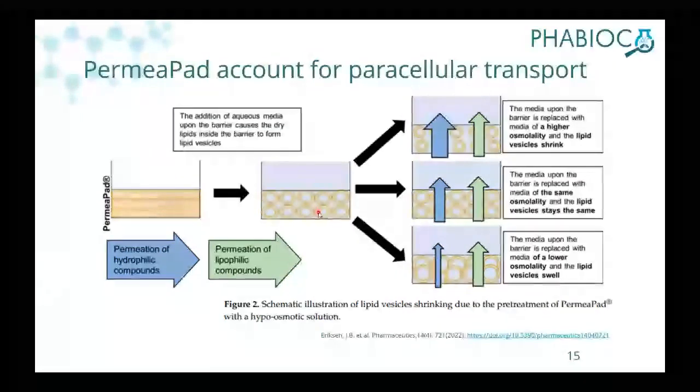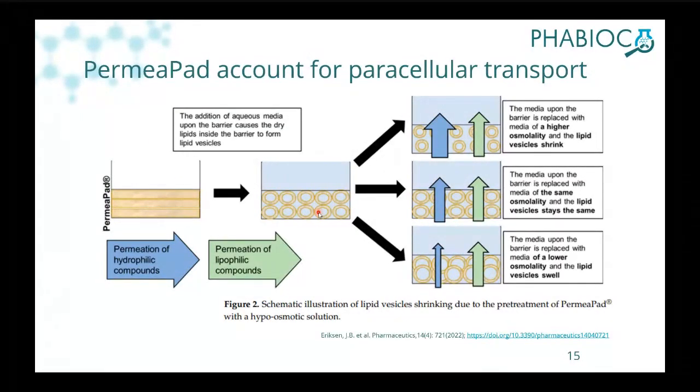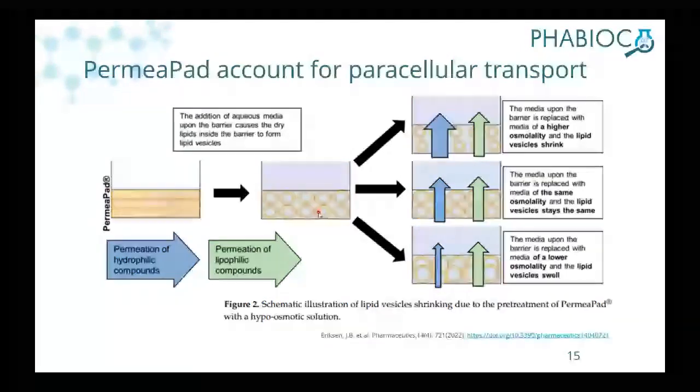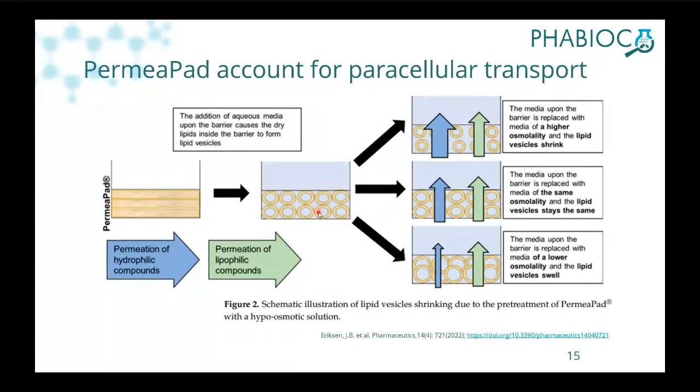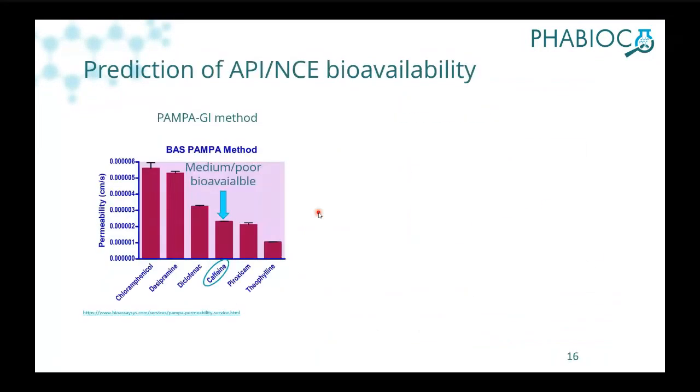The permeability was much higher when the liposomes shrank, and much lower because of the swelling of the liposomes, proving that for some compounds, small hydrophilic compounds, as in real life, this PermeaPad can also account for these pathways of absorption and permeation.